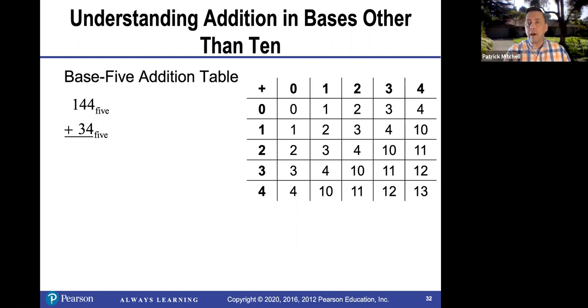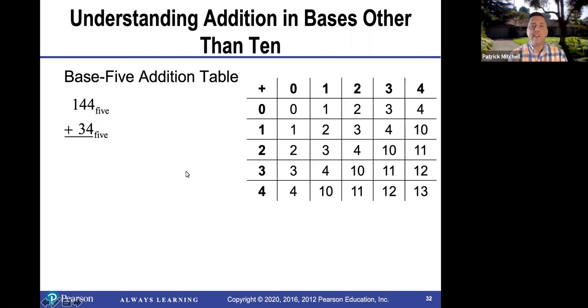So this 10 that you see here stands for 1 nickel and 0 pennies, okay? 2 plus 0 is 2, 2 plus 1 is 3, 2 plus 2 is 4. 2 pennies plus 3 pennies is 1 nickel and 0 pennies. 2 pennies plus 4 pennies is 1 nickel and 1 penny, etc., etc. Okay, so hopefully you got the idea.